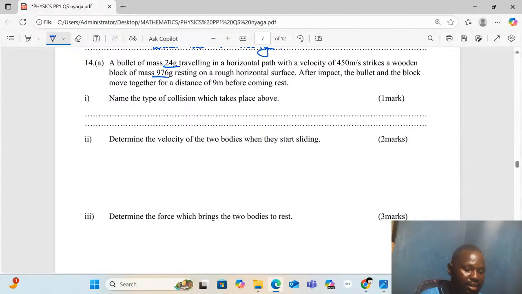After impact, the bullet and the block move together for a distance of 9 meters before coming to a rest. Name the type of collision. Remember, these two bodies will finally move together at what we call a common velocity. They are going to cling together. So this one is said to be an inelastic collision.